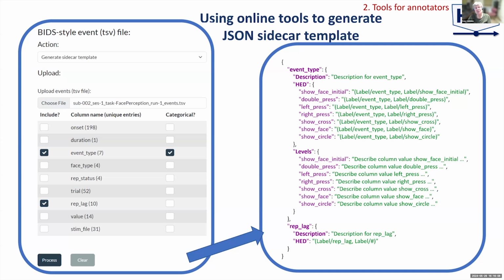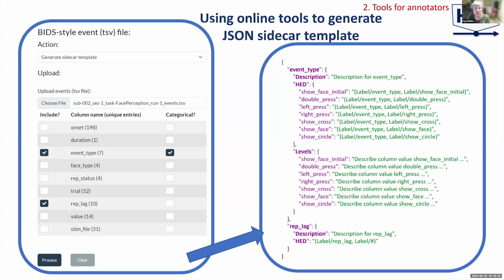It just uses a label with the column name and a label with the value that's in the unique value name. So this will validate under HED, but you're expected to actually fill these in with real annotations at some point. And the annotation tool is the thing that will help you do that.